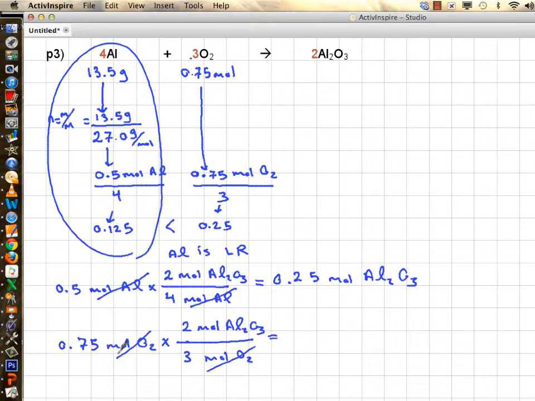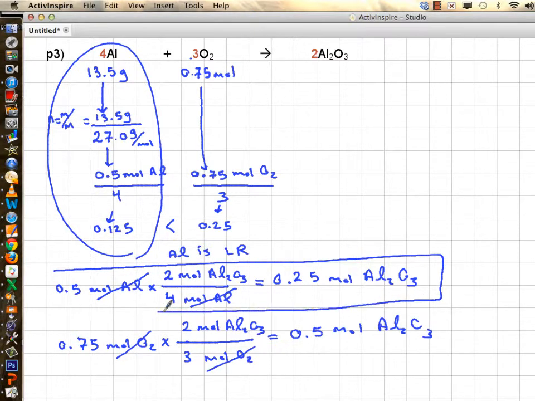You have 0.75 times 2 divided by 3, which is 0.5 moles of aluminum oxide. Aluminum produces the lesser quantity of aluminum oxide, therefore this is reinforcement indicative that aluminum is the limiting reactant. So Al is limiting reactant.